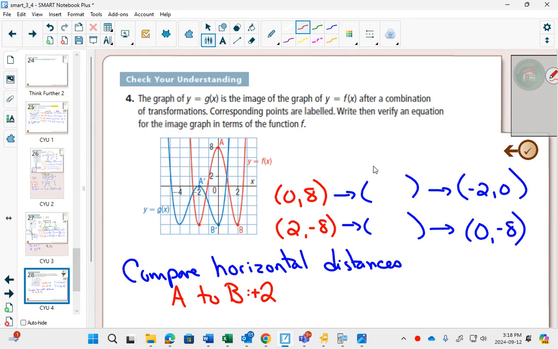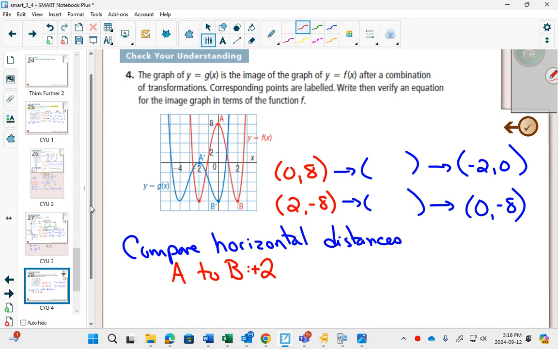So I'm going to put a plus 2 because we went 2 units to the right. And if I go from A prime on the blue graph to B prime on the blue graph, I also go over 2 units. This is telling us basically your x gets multiplied by 1, which means there is no stretch or compression for x on this graph.